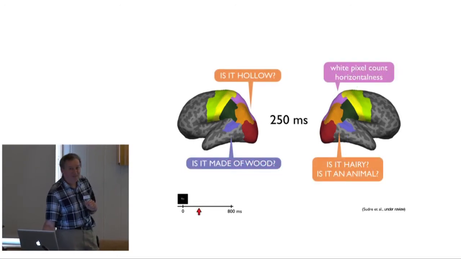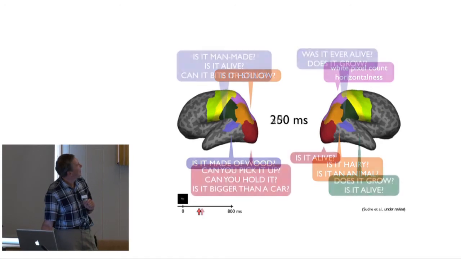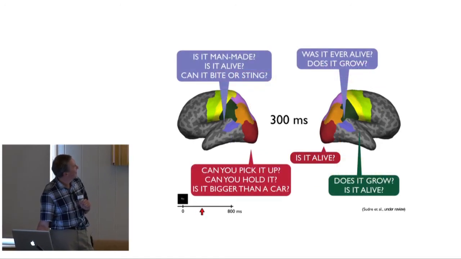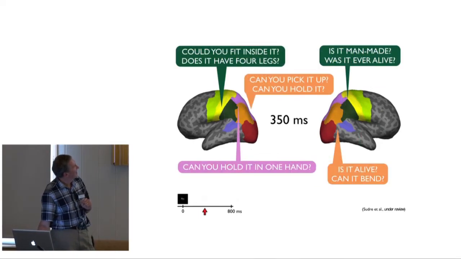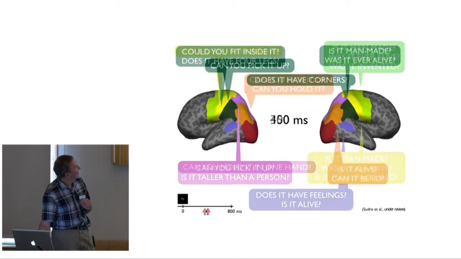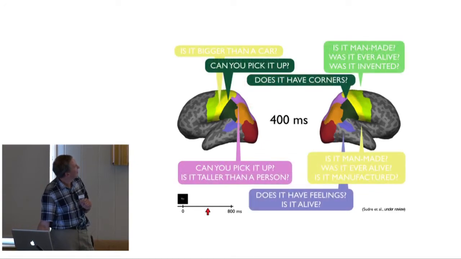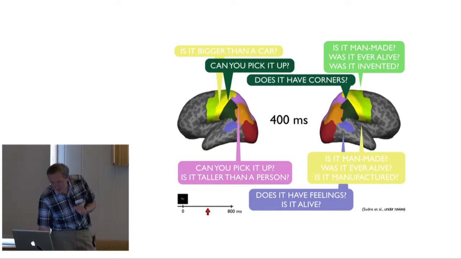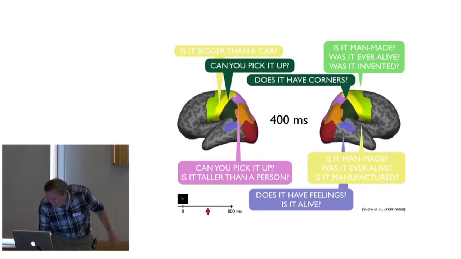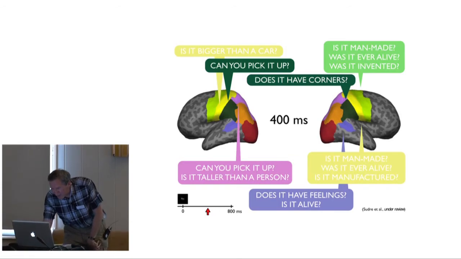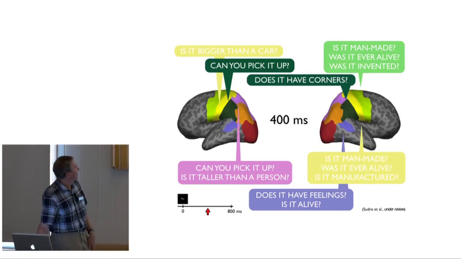Is it an animal? Is it made of wood? The yellow one says, is it bigger than a car? And at the bottom it says, is it man-made? Was it ever alive? Is it manufactured? Does it have feelings?